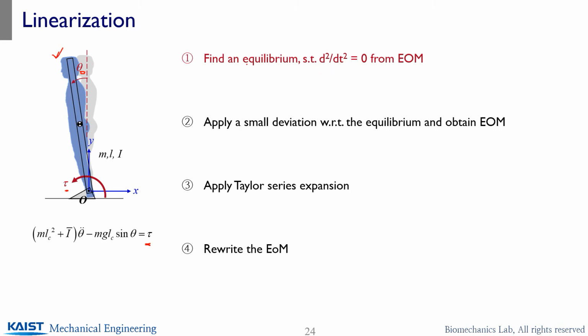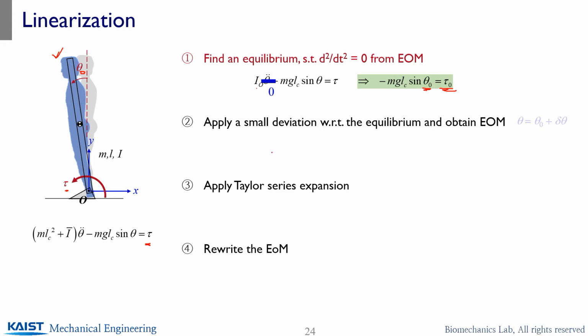At equilibrium, all the external forces are balanced, so you don't have any acceleration term from F equals ma. So from your original equation of motion, the theta double dot term goes to 0. So here you can get the equilibrium torque applied at the ankle to maintain that theta naught forward leaning, which should be this much.